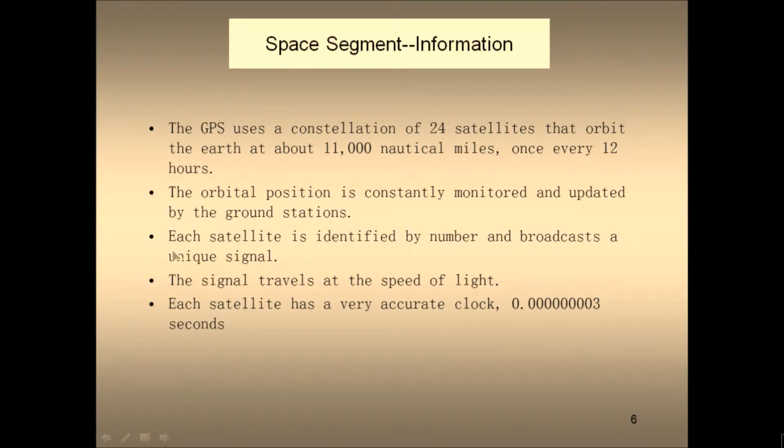Each satellite is identified by number and broadcasts a unique signal. The signal travels at the speed of light, and each satellite has a very accurate atomic clock.